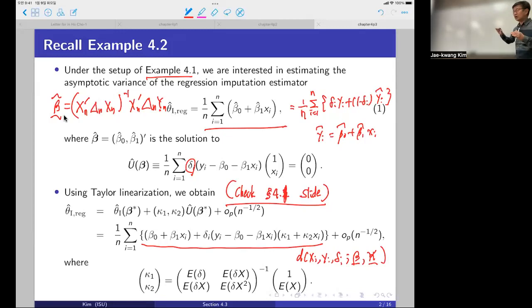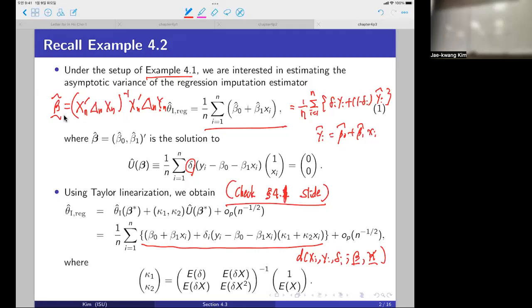You can make an n by p matrix, generally speaking, and then Delta_n is a diagonal matrix of delta 1 to delta n, and y_n is just y1 to yn. So if you do that, beta hat is just this one.